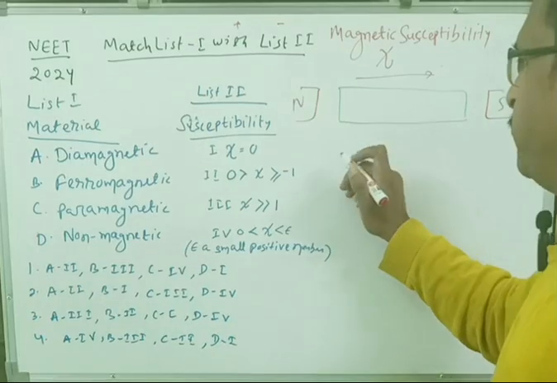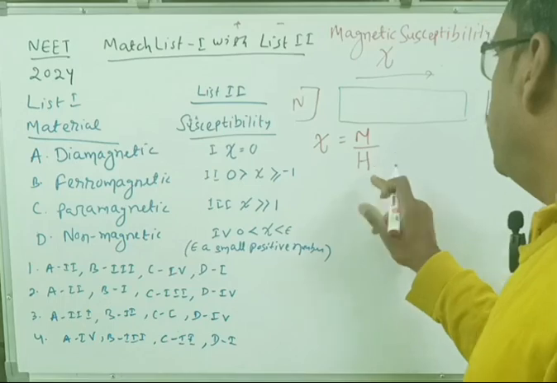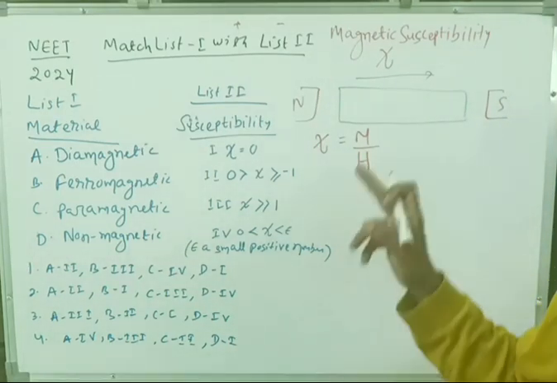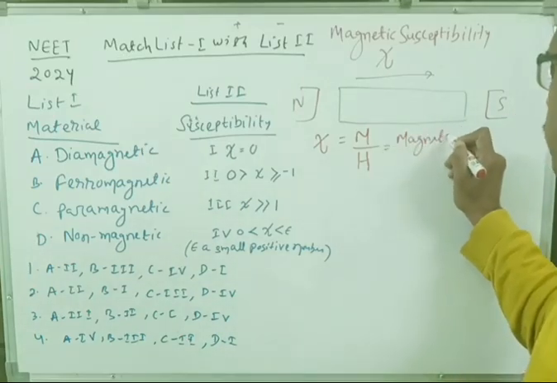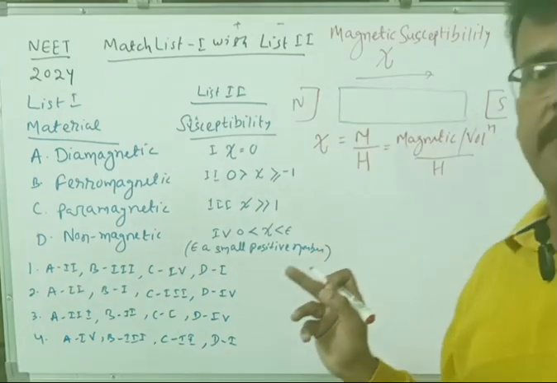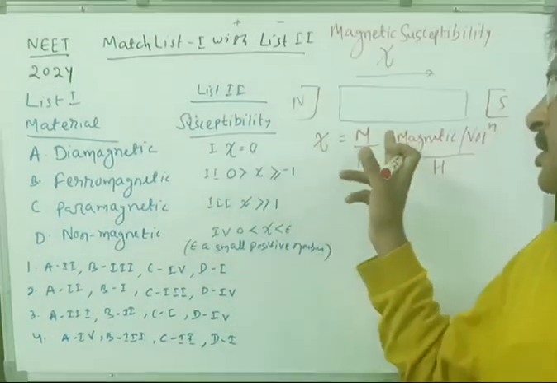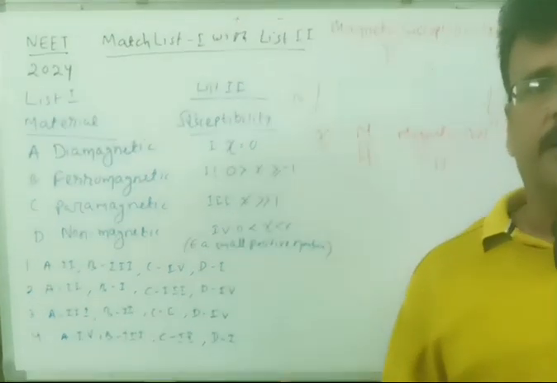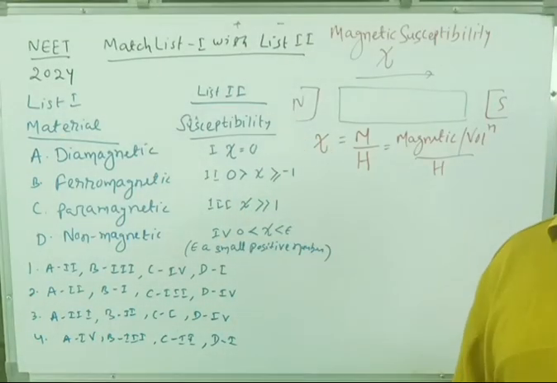So this chi is defined as M by H, where H is the external magnetic field applied and M is the magnetization of the material, which is the magnetic moment per unit volume. Both of them have the same unit, ampere per meter, and hence chi is a unitless quantity, simply a number as given in list 2.